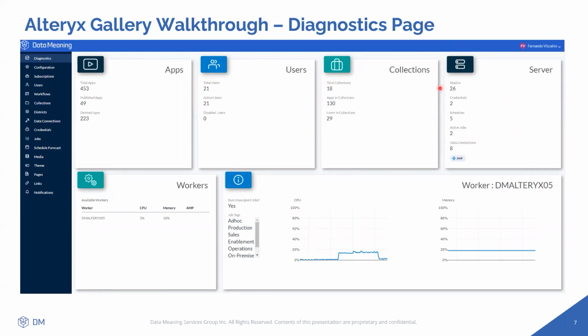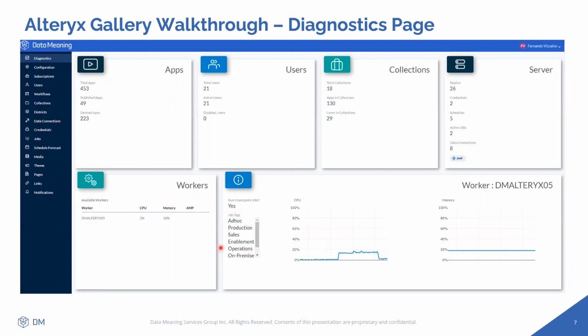But of course, you have here the server settings as well: the number of studios, number of credentials, schedules, active jobs, data connections, and if you have the EMP engine enabled. We are going to be talking about how to manage everything here, but what you can also see here is everything related to your worker. Of course, if you have a multi-node environment, you'll be able to see all of your workers.